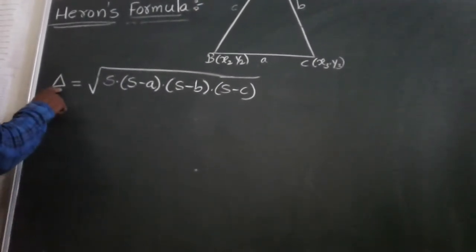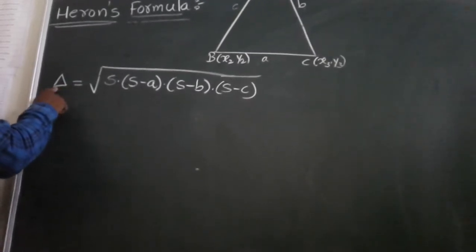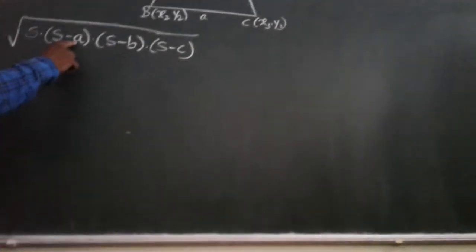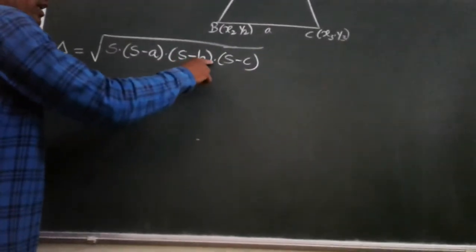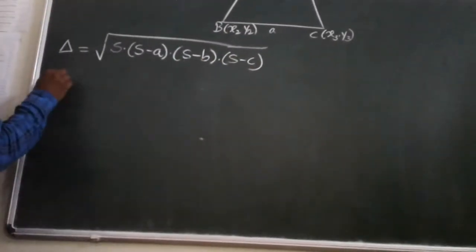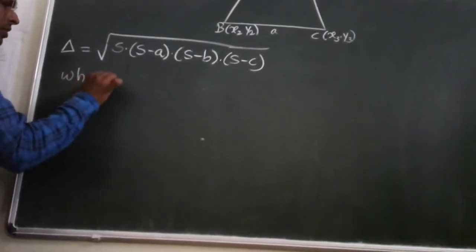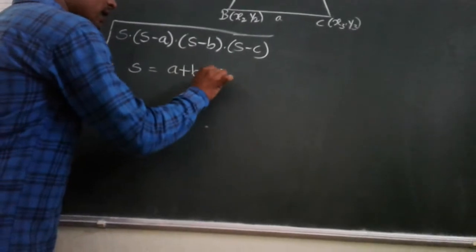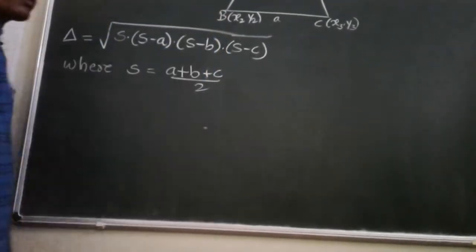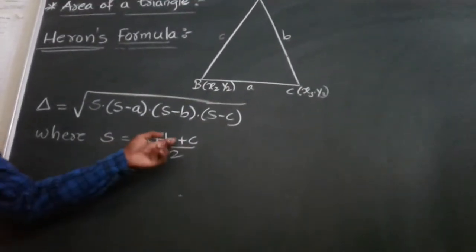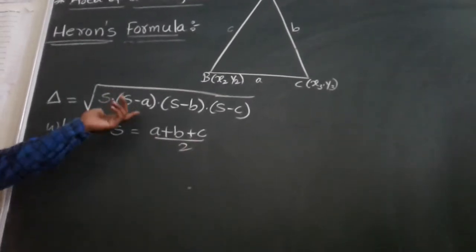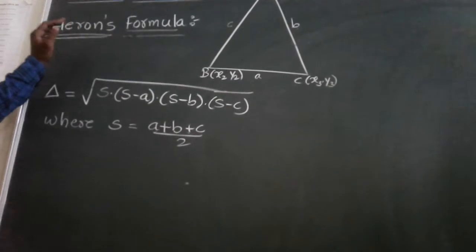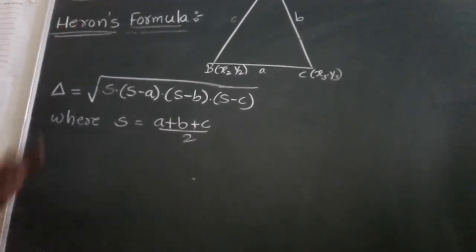And this is the formula: area of triangle is equal to under root of S into S minus a into S minus b into S minus c, where S is equal to a plus b plus c by 2. So this is the formula for the area of a triangle according to the Greek mathematician Heron.